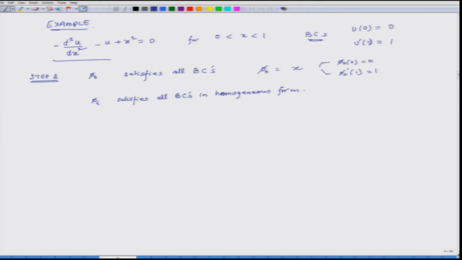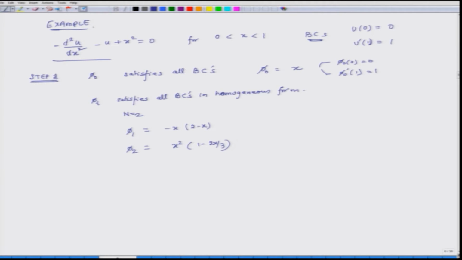And we will develop a 2-term solution, n is equal to 2. So we take n is equal to 2. We will take phi 1 and phi 2 such that phi 1 equals minus x times 2 minus x, and phi 2 is x square times 1 minus 2x by 3, okay.